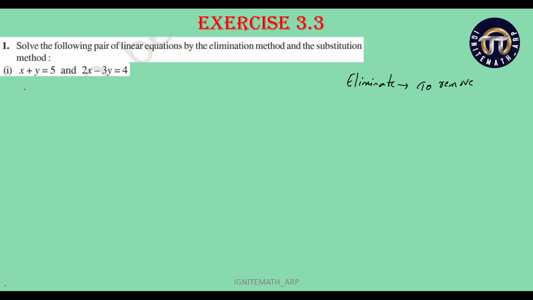Now here the given equations are x plus y is equal to 5, which I'm going to call equation 1, and 2x minus 3y is equal to 4, the second equation. So what are the things you need to keep in mind? The steps of the elimination method. First step: decide which variable is to be eliminated.